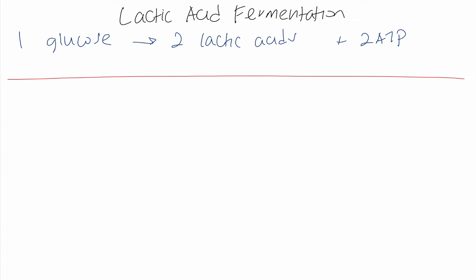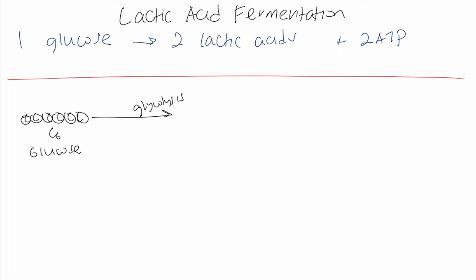So just like the other alcoholic fermentation, we start with glucose, which is a 6-carbon molecule. And from glucose, we go through the exact same process of glycolysis.